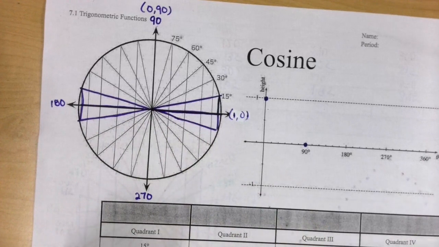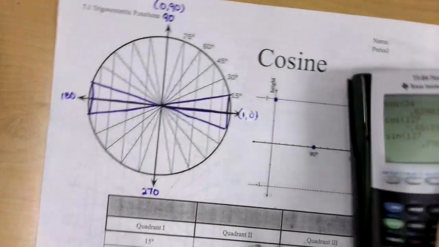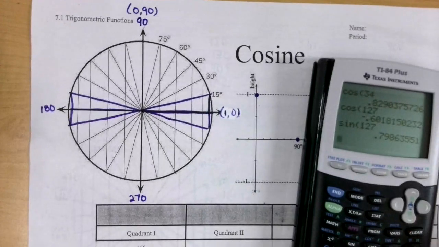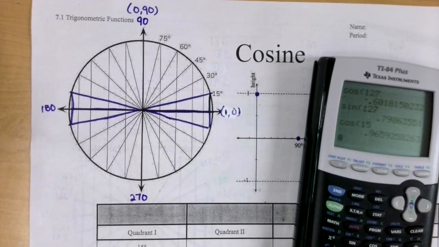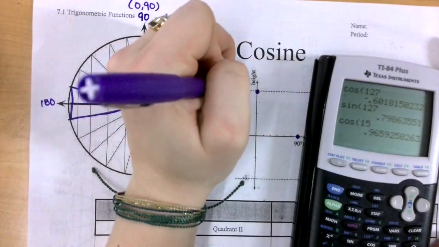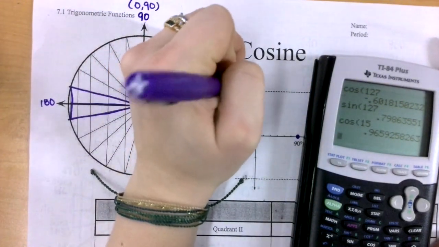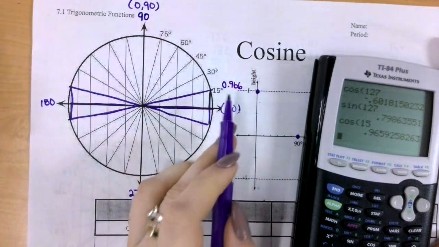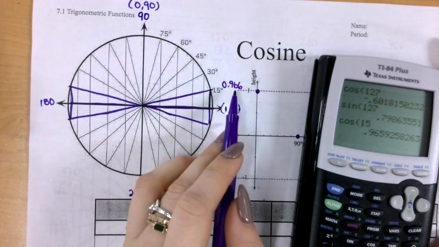So if we want to know what the base is for 15, we said we can do cosine of 15, and I get 0.966. So 0.966 here is my width.